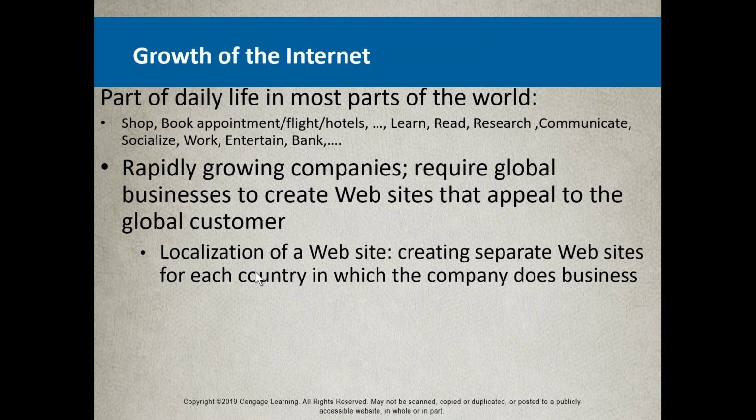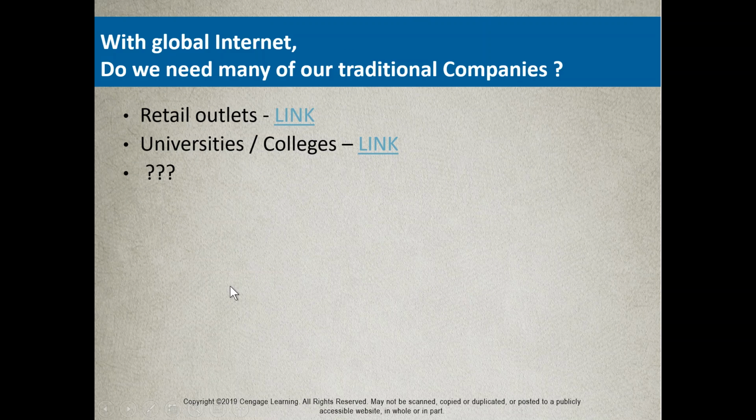So they create that localization of a website. They create their own website because you want the same currency, plus there are different products in different countries. The products that are sold in Canada are much different than the products that are sold in Japan at Costco, so the websites have to be customized. When you're dealing with an ERP system and the websites, you're able to customize based on geographical location.